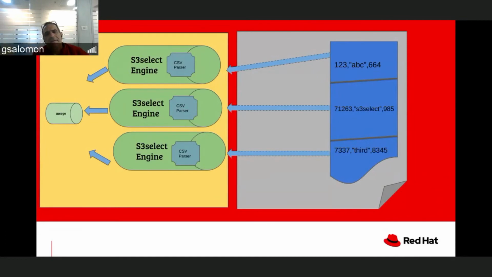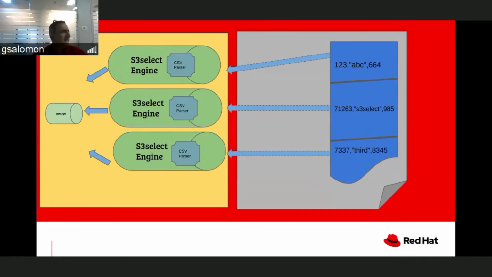Note that the data splitting flow is different per data type. In the case of CSV, the object is split according to the object size and the row delimiter. In the case of Parquet, with its unique columnar structure, it is already divided into logical groups, so it's quite easy. But with the JSON use case, it's much more complex. One way to handle that is, when the data resides in many objects, to split the work according to the number of objects.